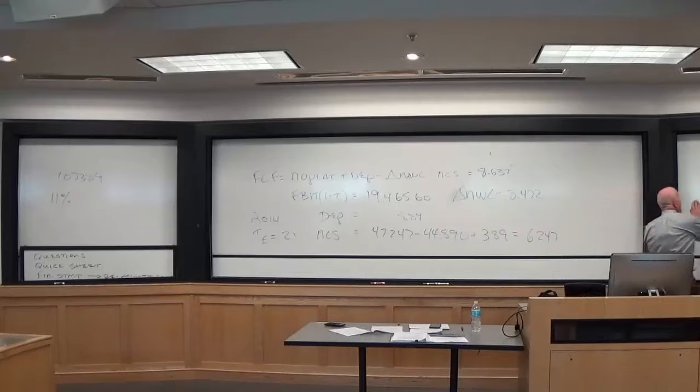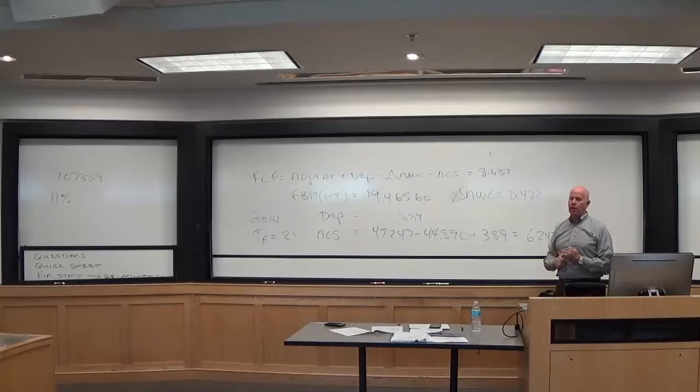What's the other way that we can calculate free cash flow? NOPLAT times parentheses 1 minus growth over ROIC, I believe. So NOPLAT times 1 minus G divided by ROIC.